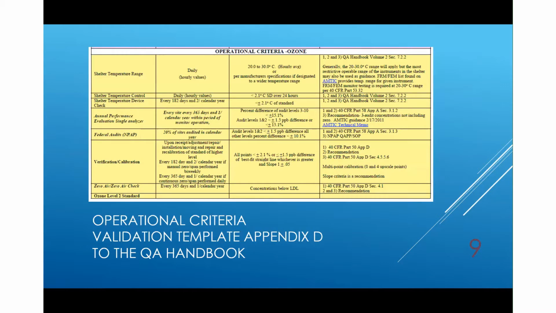Operational criteria. Criteria that are important for maintaining and evaluating the quality of the collection system are operational criteria. Violation of a criterion or a number of criteria may be cause for invalidation. The decision maker must consider other quality control information that may or may not indicate that the data are acceptable for the parameter being controlled.